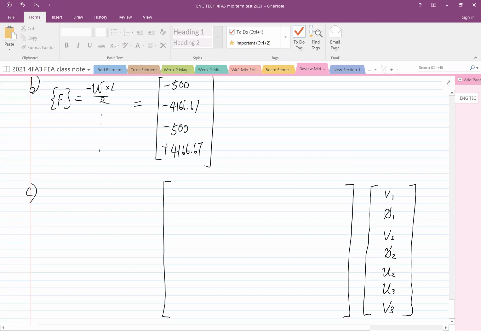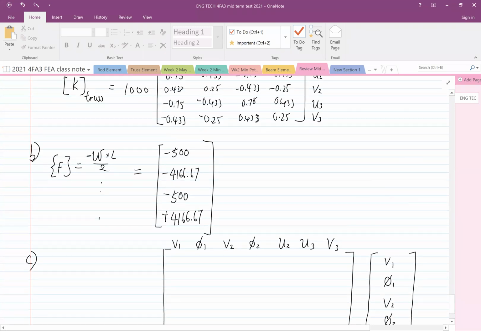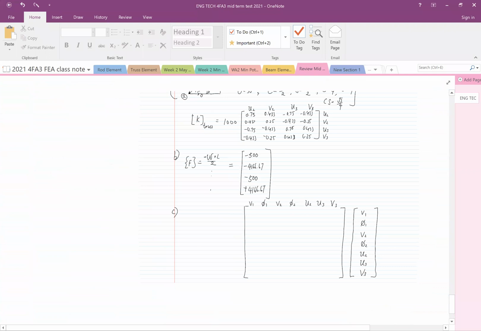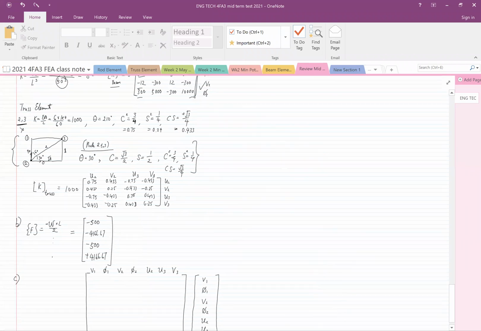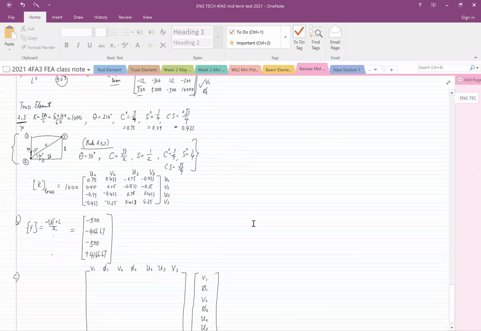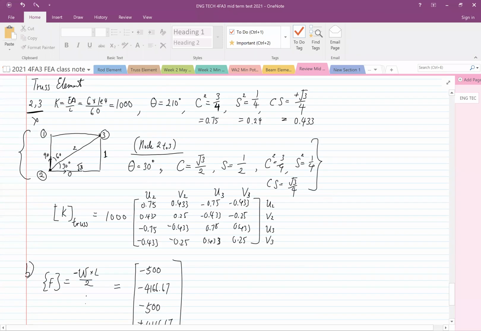Okay, to help me allocate each value within the matrix, I write it one more time. Now we just move them.